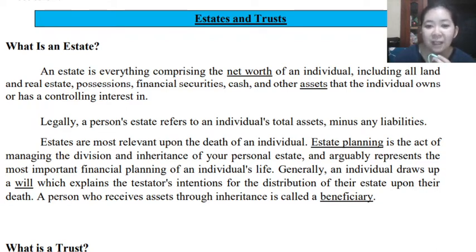Here in the will and testament, the person who owns the possessions and equity will explicitly state who will receive those possessions upon his death. So that is what we call estate, again, the net worth or all the possessions of a person.